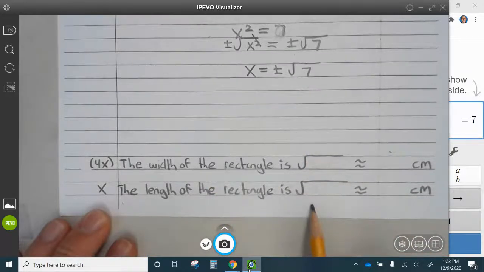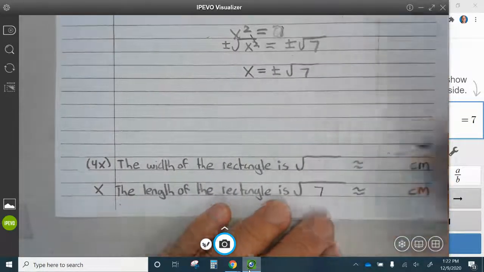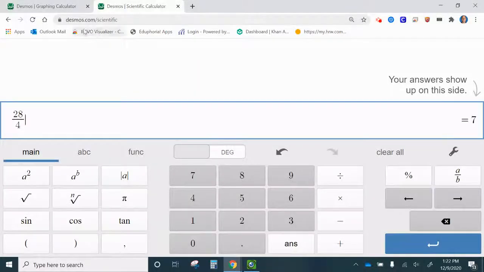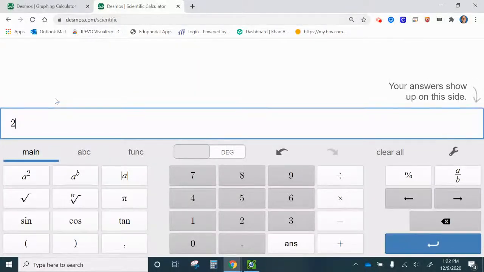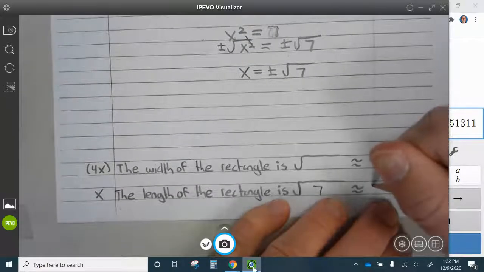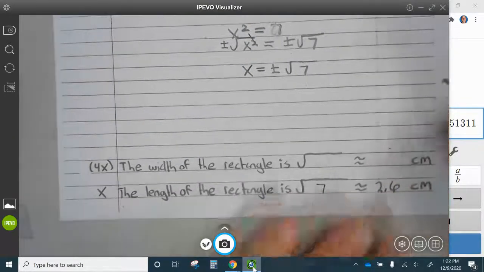The length of the rectangle is the square root of 7. Let's use Desmos to get that. They say to the nearest tenth, so 2.6. So the length of the rectangle is approximately 2.6 centimeters.